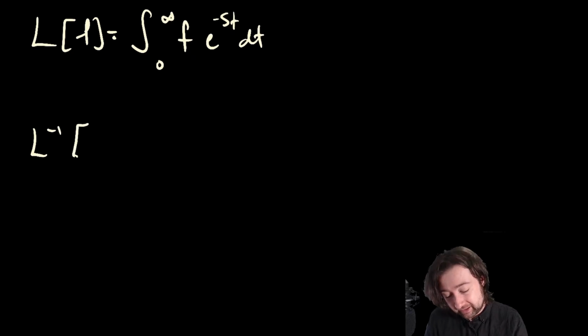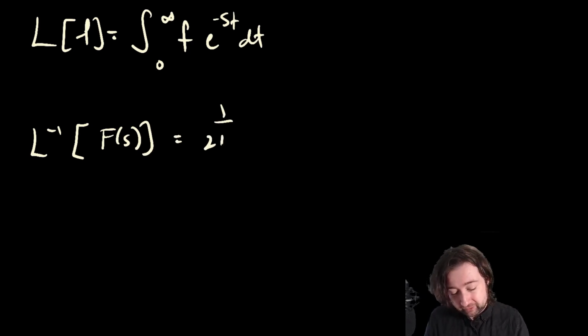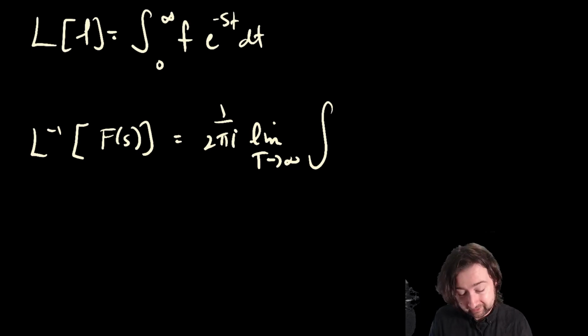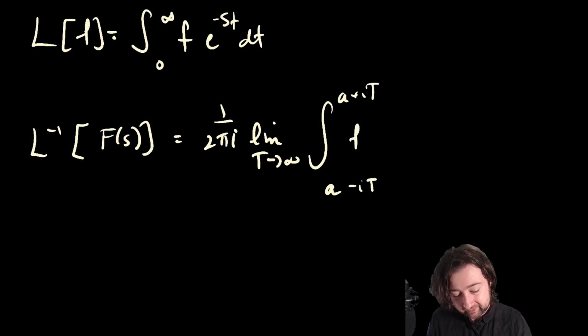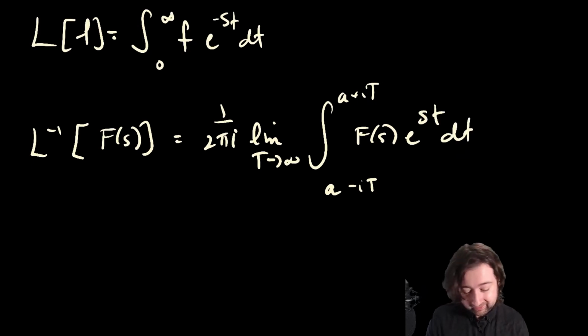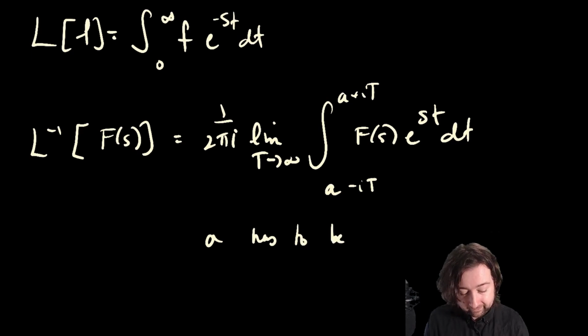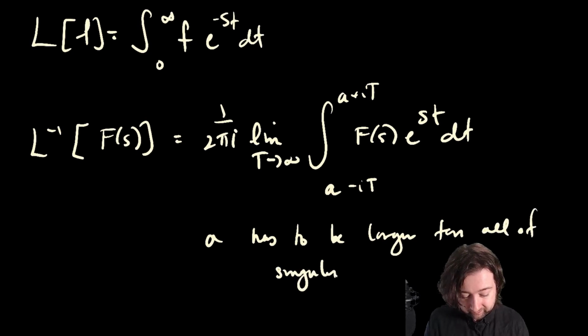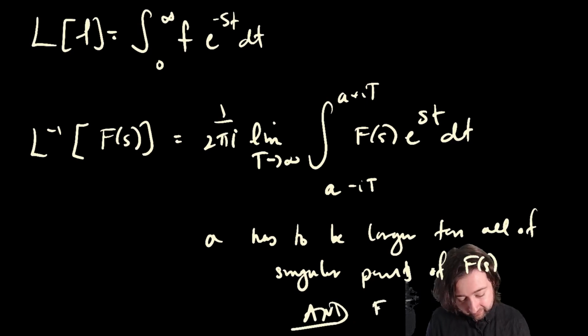So the actual definition of the inverse Laplace transform of a function F of s is that you take 1 over 2 pi i, and then you take a limit as t goes to infinity, and you take this integral in the complex plane, from a minus i t to a plus i t of capital F of s e to the positive st, where a has to be larger than all of the singular points of F of s, and F of s is bounded.